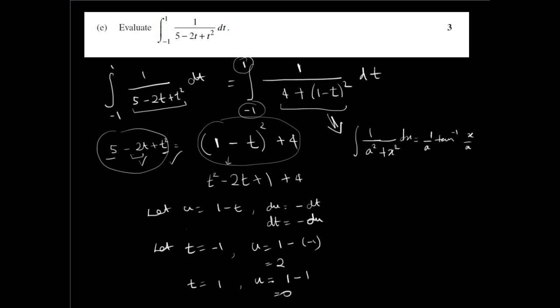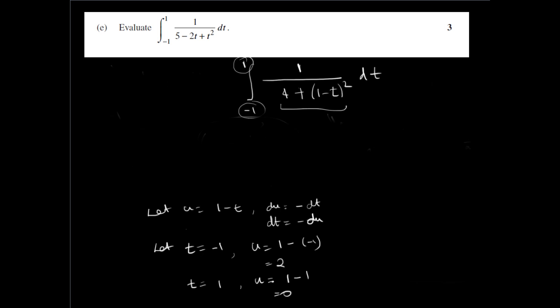Okay, so I'll just rub out the working out on the board so I have more room. Okay, so our equation here can be written, in terms of u, as the integral from 2 to 0 of 1 on 4 plus u squared du. But since du is negative dt, and dt is negative du, this would be negative.